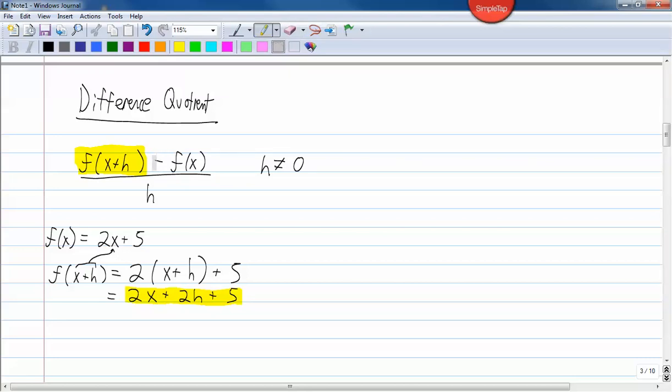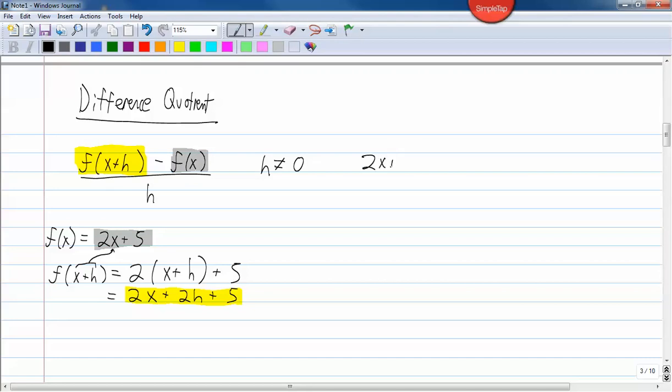Now also in our formula is minus f of x. So f of x, this right here, we're going to plug in right here. And we're going to put it in parentheses because there's a minus there. Alright, I'm going to write it here to the side.